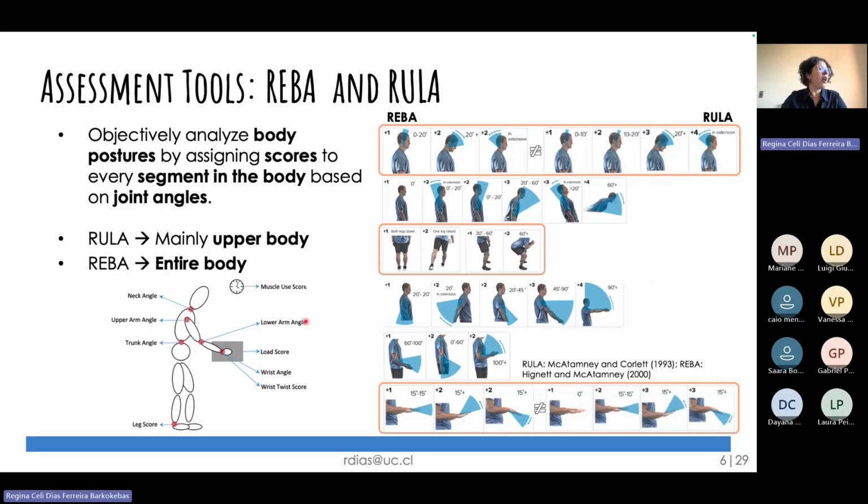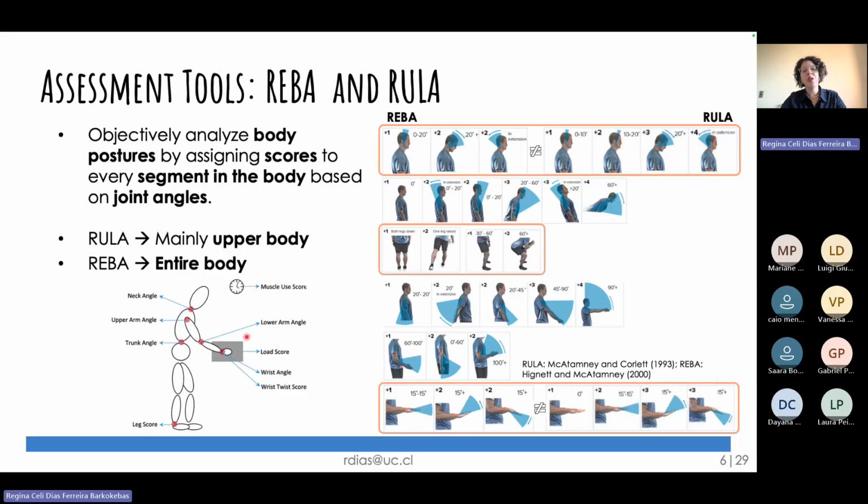And another thing that's really important is that they also consider the load that you carry. So if you carry a load, there is an increment in the risk, and also the time.